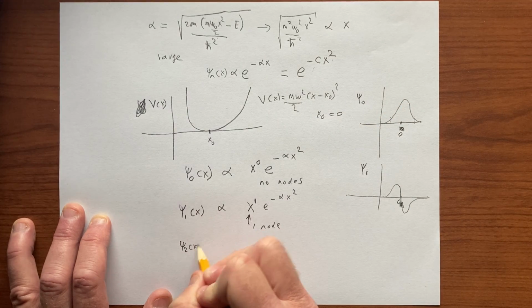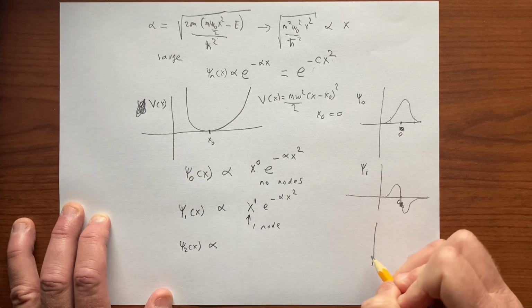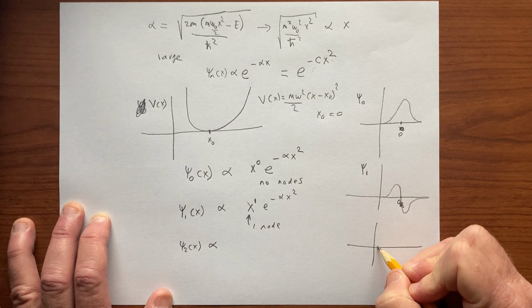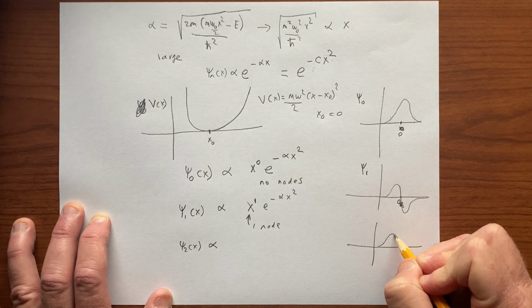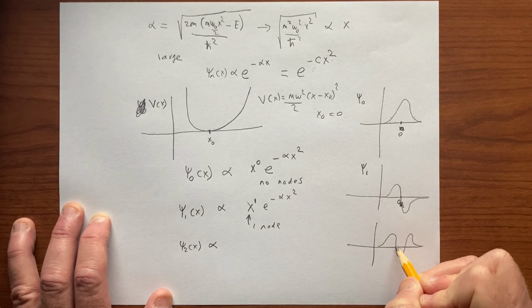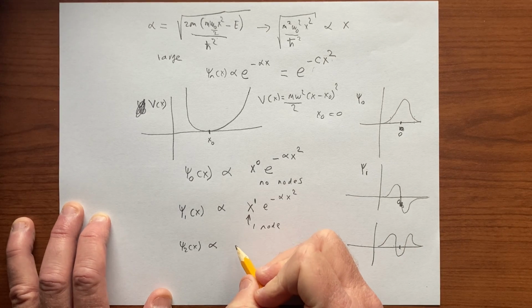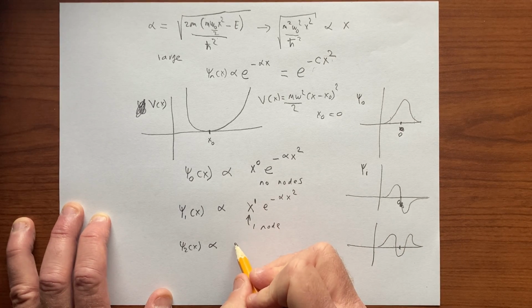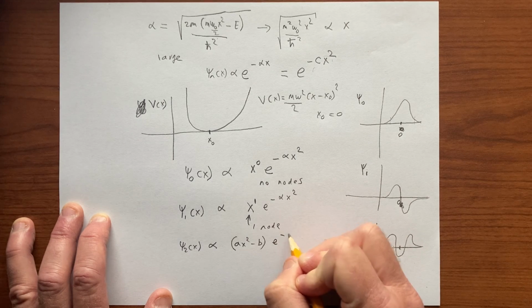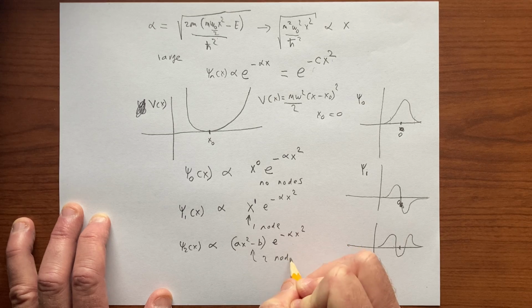Psi 2 of x is proportional to, now I need two nodes, right? So I'm going to come up and come down, come up and come down. So I have two nodes there. And so that function needs to be a quadratic, an a x squared minus b kind of quantity, times e to the minus alpha x squared. And so there are two nodes there.